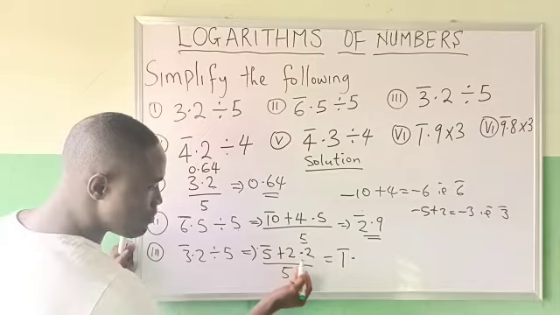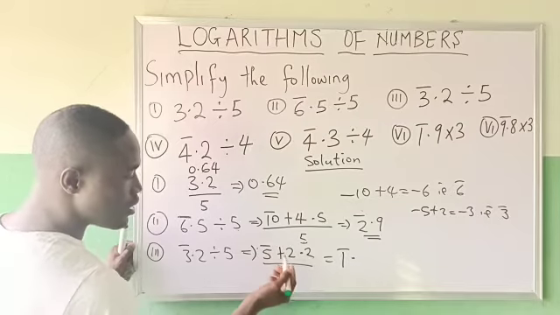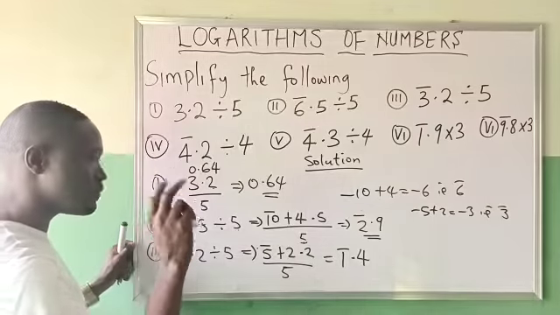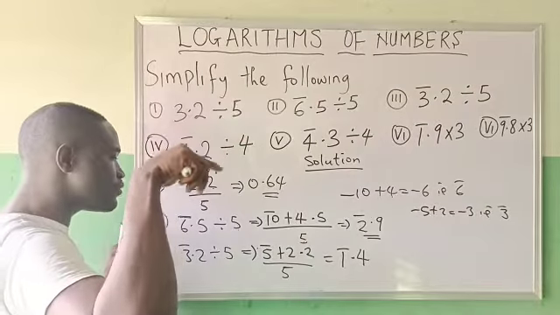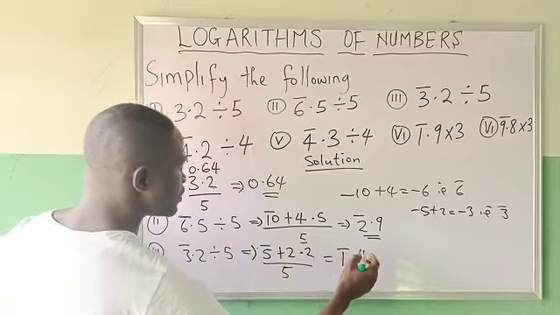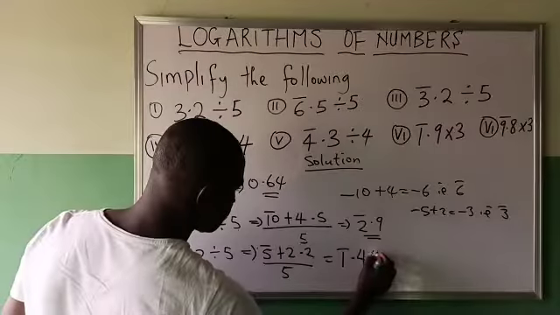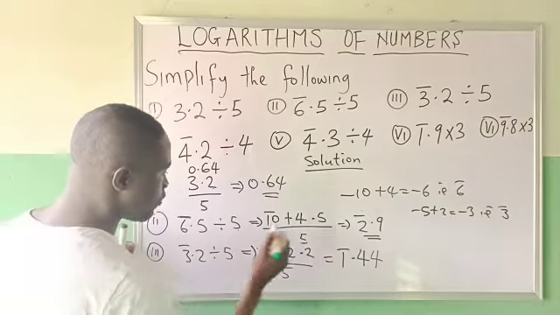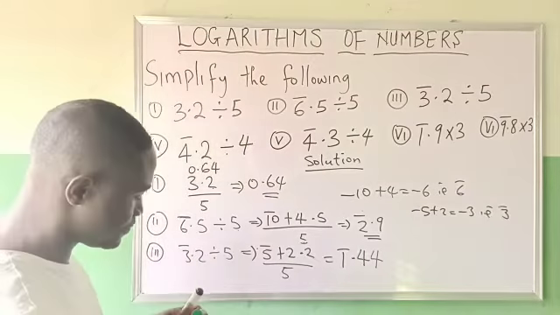0.5 divide 22, merge these to be 22. 5 divided 22 will give me 4, remainder 2. Attach 0 to that 2. 5 divide 20, it gives you what? 4. So it will be bar 1.44. Please note it.